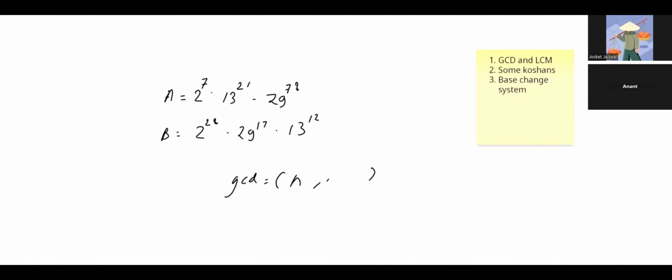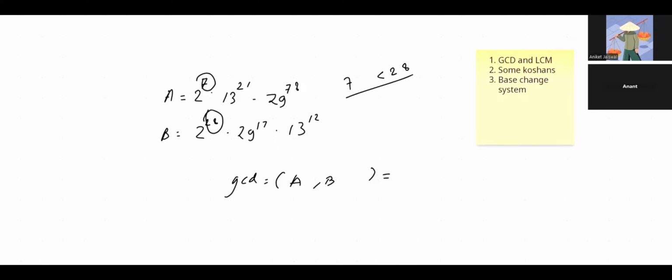It has to be the least power in the common base, the prime factors of both A and B. Achha, so it's 7 or 28, so it will be 7 because 7 is less than 28, right? Yes. So 2 to the power 7 will automatically divide 2 to the power 28.